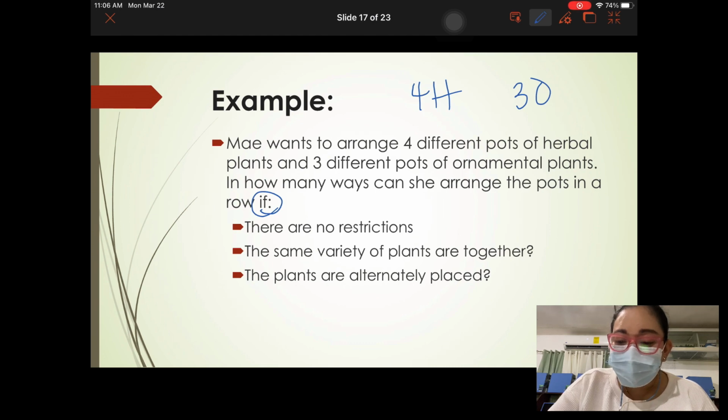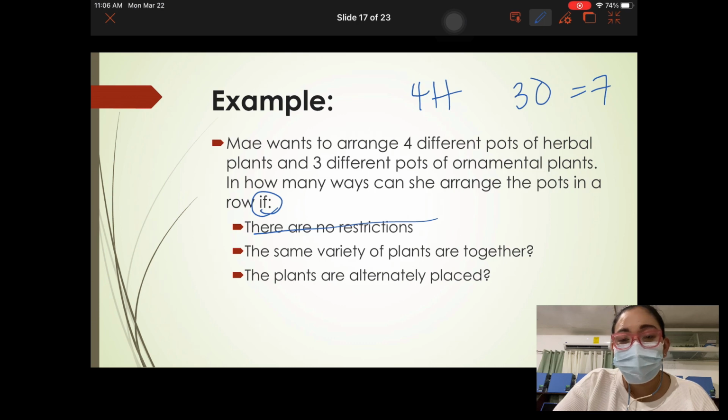Okay? If there are no restrictions, ibig sabihin, bahala ka. Wala siyang restriction, no specific rule. So, all you have to do is actually do the fundamental counting principle. Okay? Ano yung fundamental counting? Ilan ang total na plants meron tayo? So, 4 plus 3, that's a total of 7 plants. Diba?